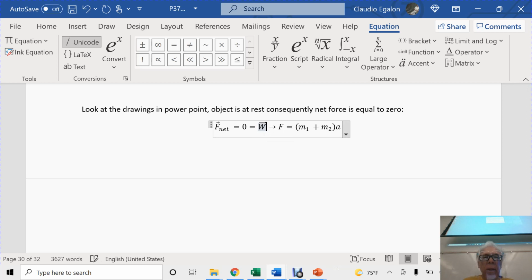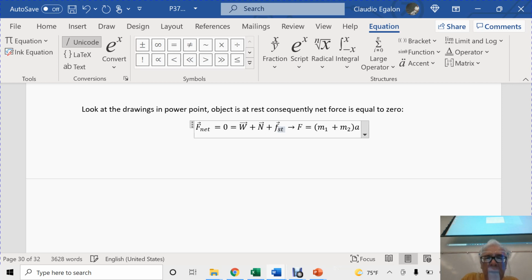The weight, the normal, and now I'm gonna use the frictional force, and I'm gonna put it lowercase f because that's how we denote it.